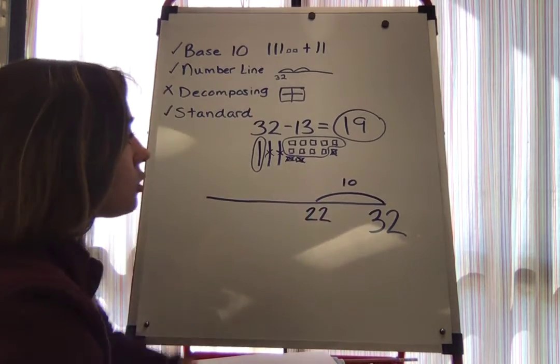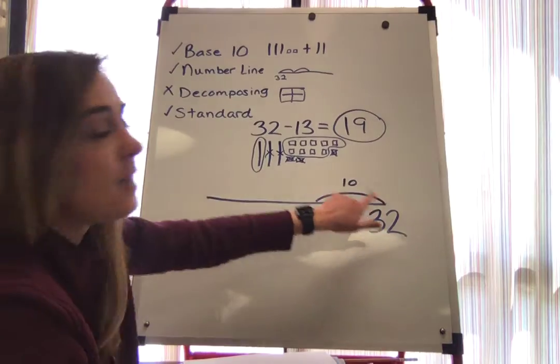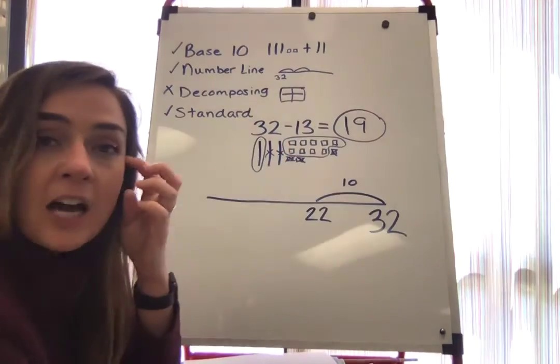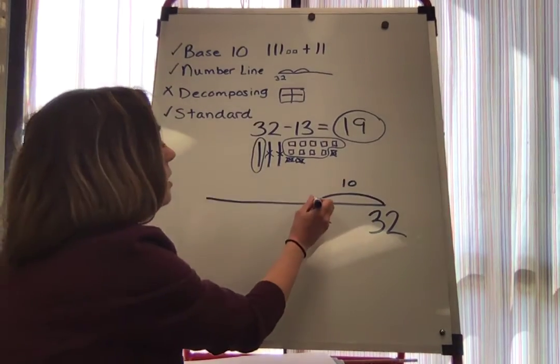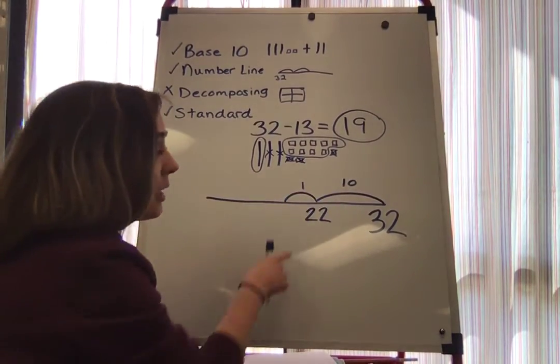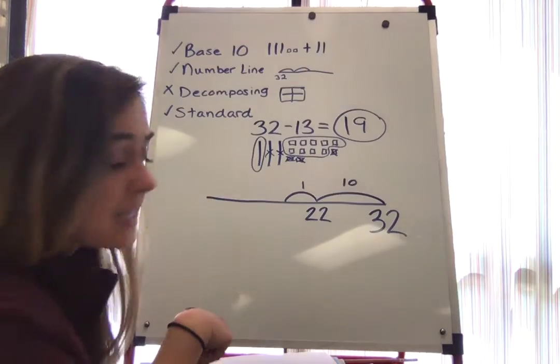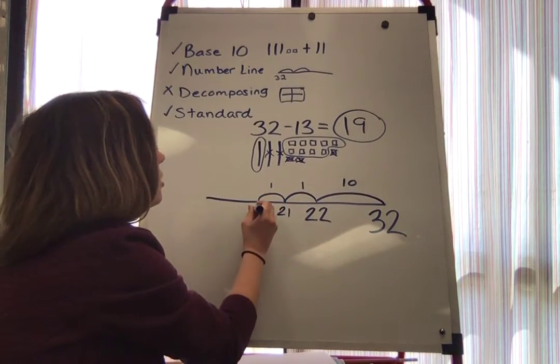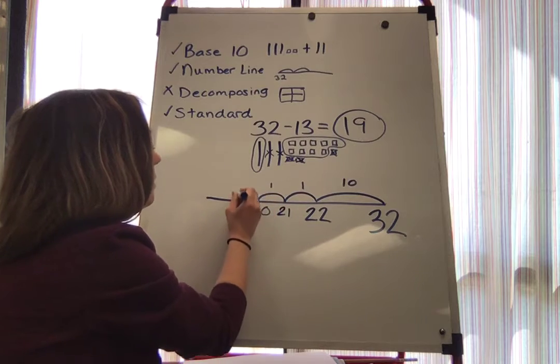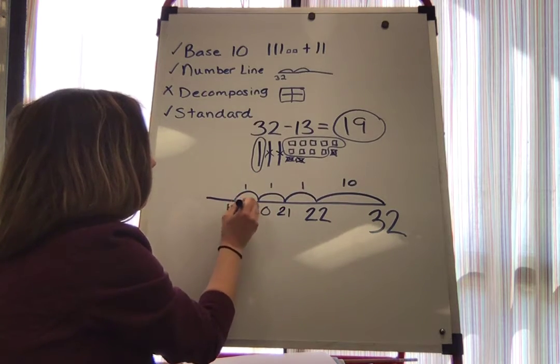Okay? So I've got my hop of 10 out of the way. And now I'm going to take 3 hops of 1 because there's a 3 in my ones place. So 1, I'm labeling my hops and where I'm landing. 21, 20, 19.